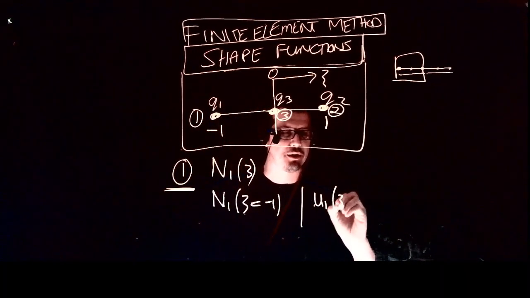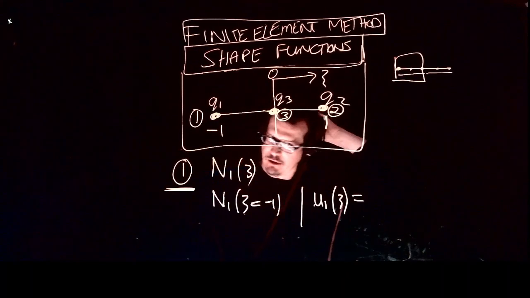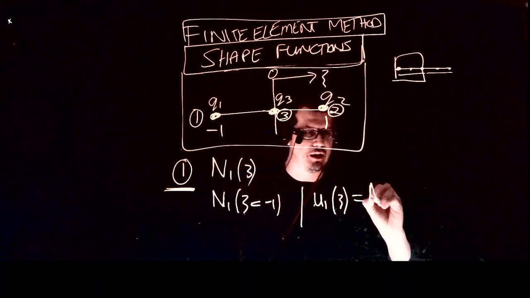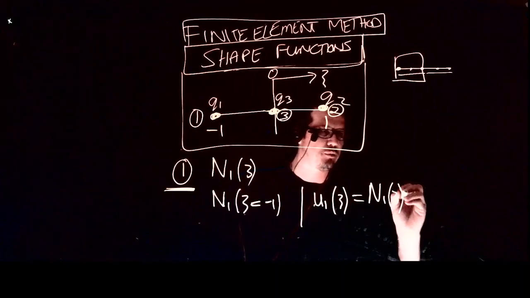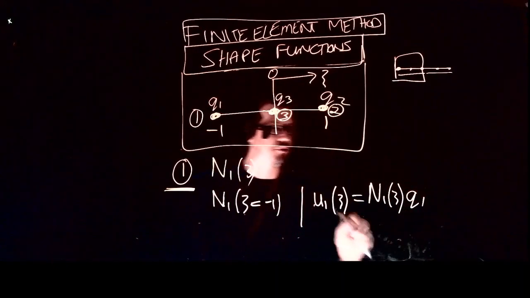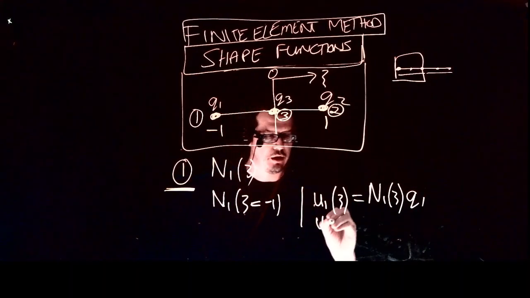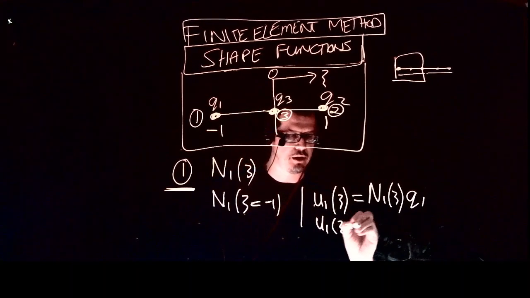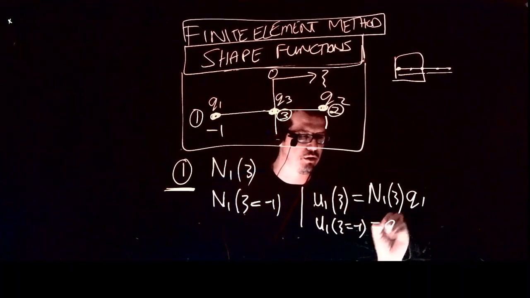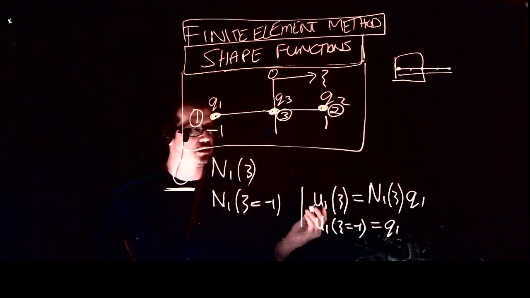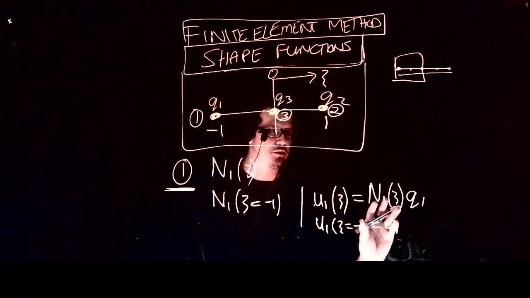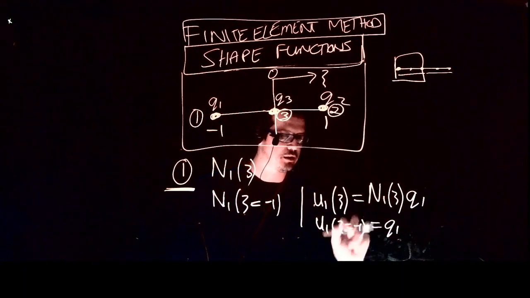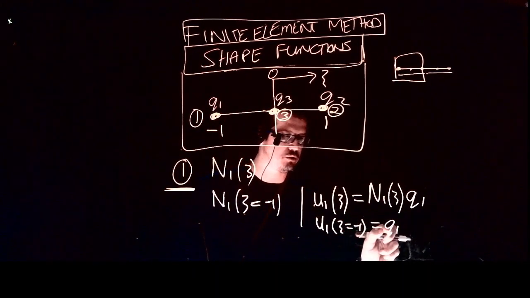I would like it to be such that if I have this field N1 and I multiply it by q1, then if I evaluate this u1 at psi equals -1, I just recover q1. That's it. So you know what the answer is. There's nothing magic here. The answer is I want to make sure N1 at psi equals -1 evaluates to 1.